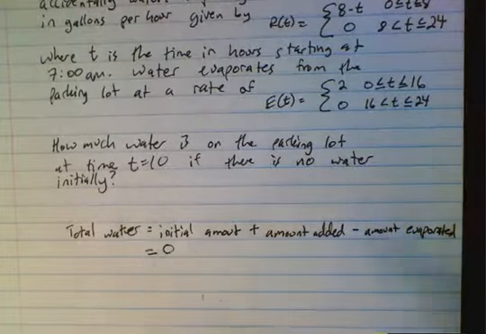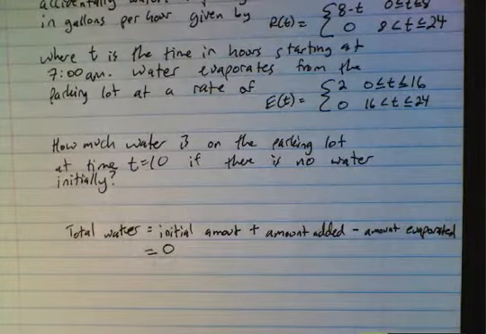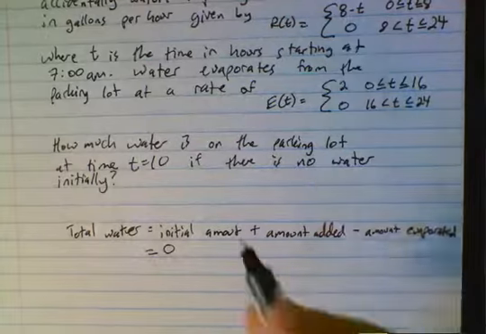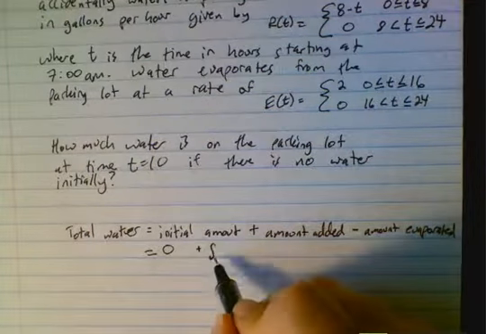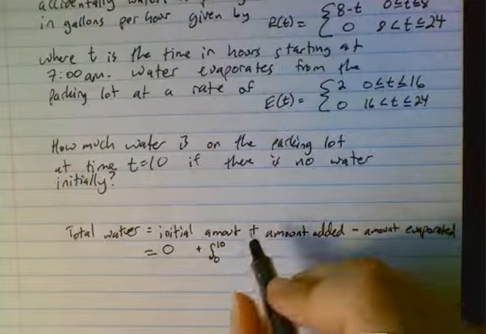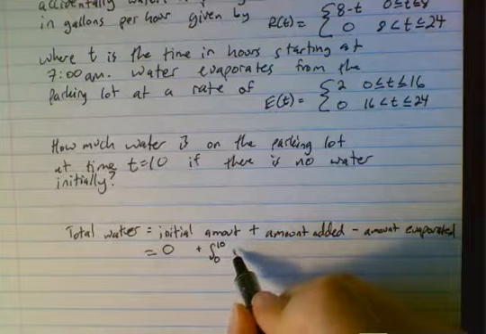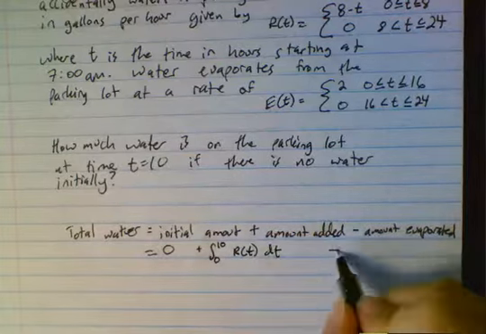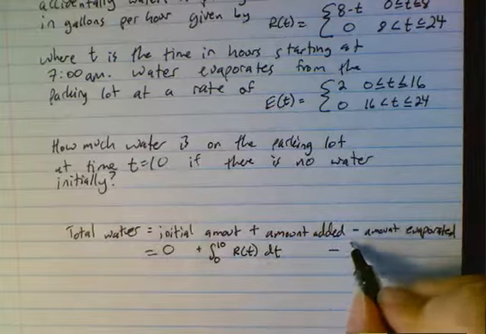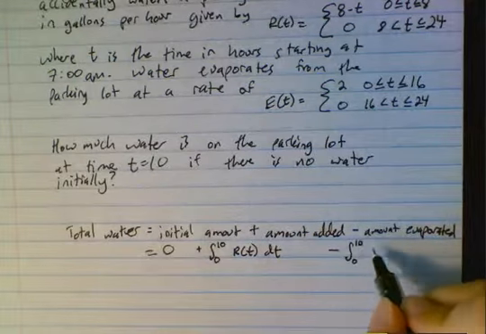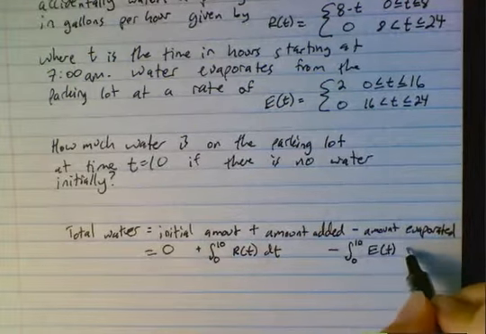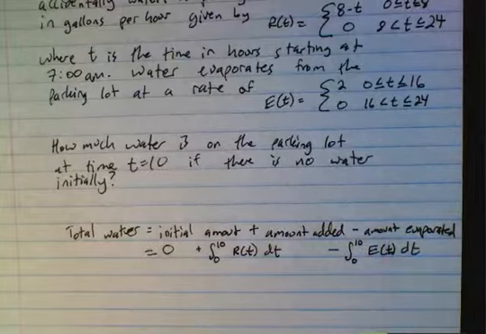We're told that there's no water there initially, but we do have water that's being added. So from 0 to 10, we're going to be taking the integral of r(t) dt, that's our amount added. Then we're subtracting the amount that evaporates, so that's the integral from 0 to 10 of e(t) dt.